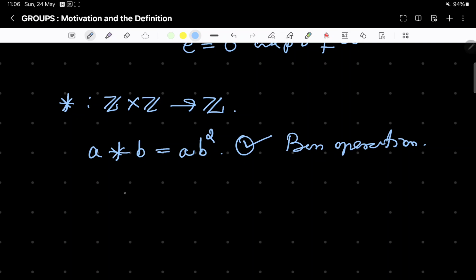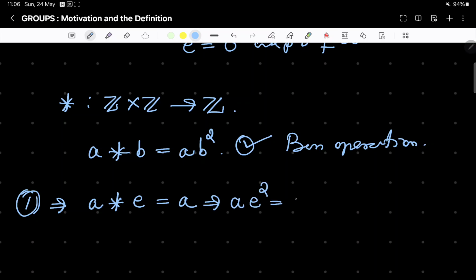So what I am going to do is solve these equations. I want to solve A star E equal to A first. This is my first equation. What is A star E? It is A E square, which is equal to A, and I am in integers.